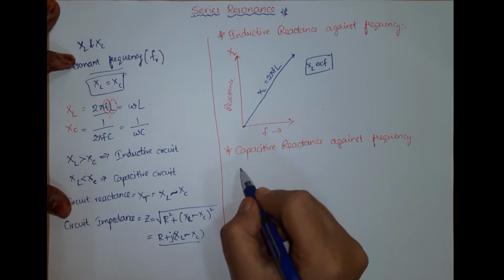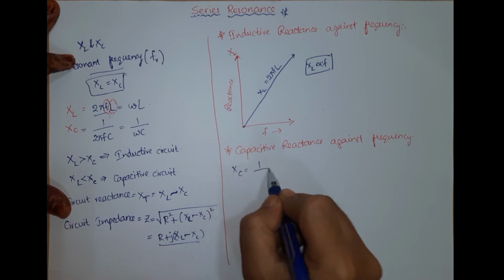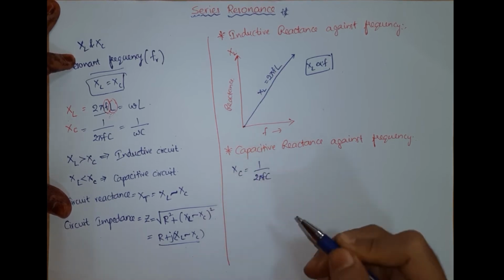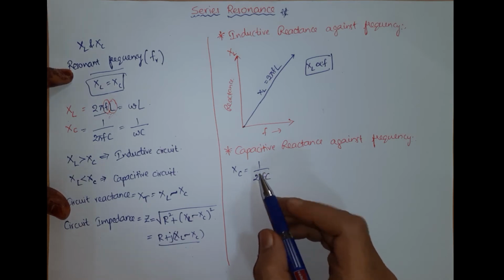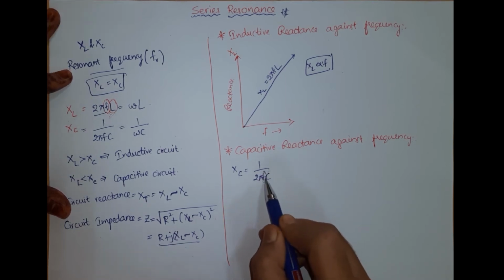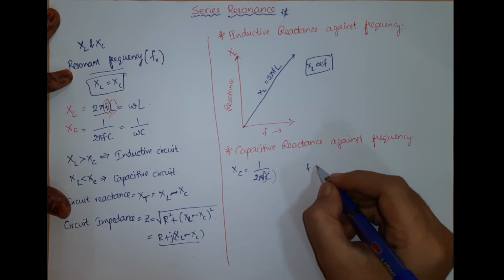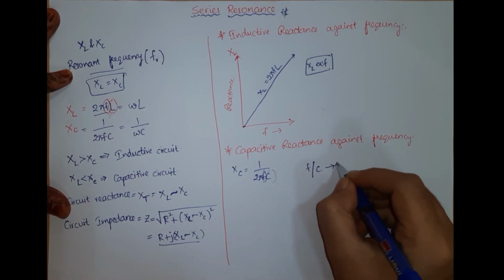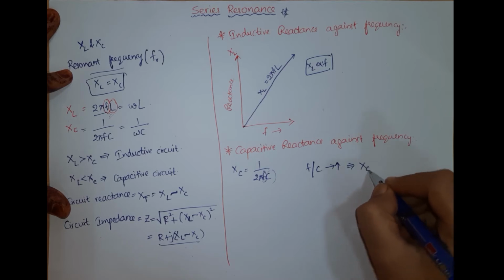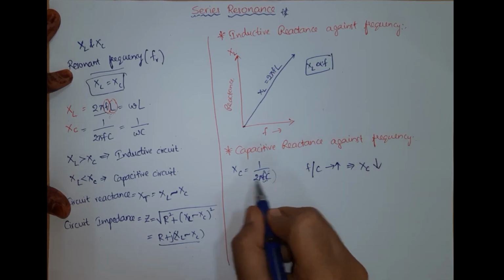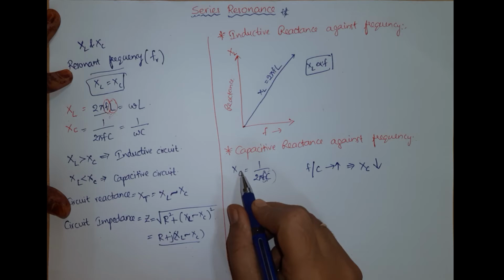Now, what is the formula? Xc equals 1 by 2 pi Fc. Now see, if either the frequency or the capacitance is increased, then the overall capacitive reactance would decrease. Yes or no? If it is increasing, this is decreasing.